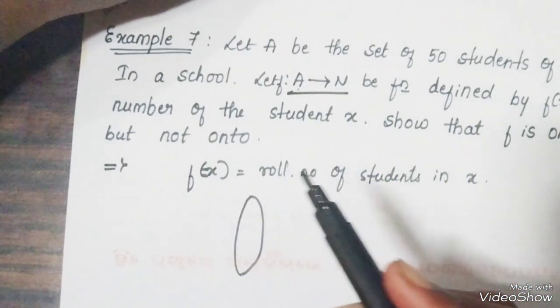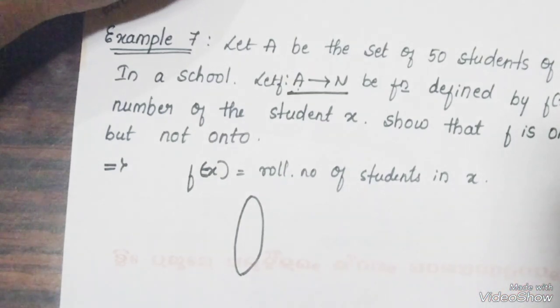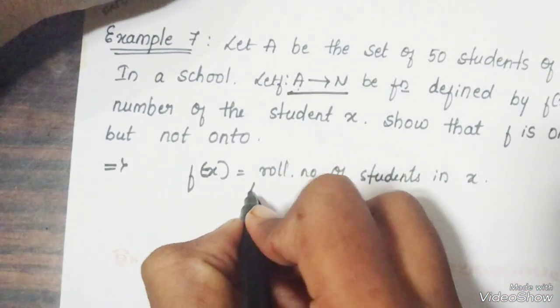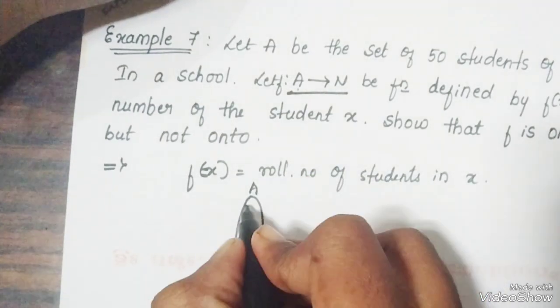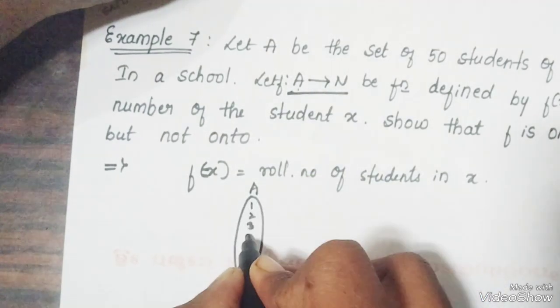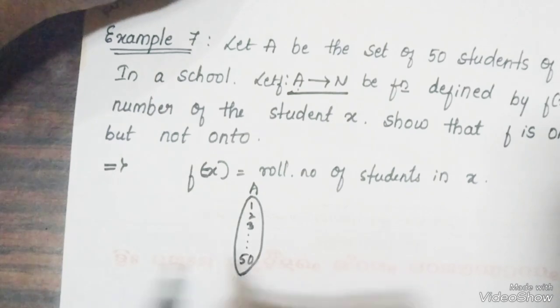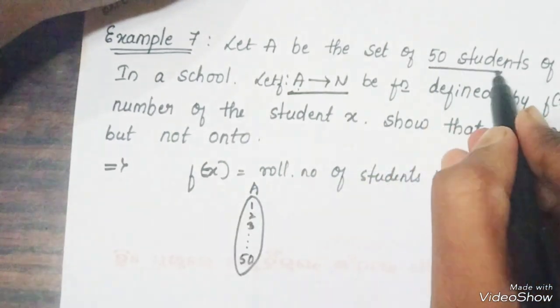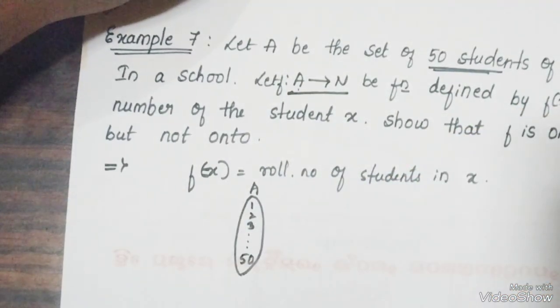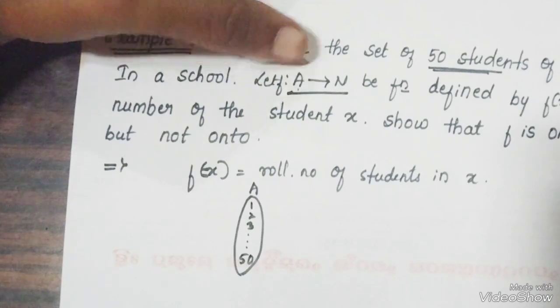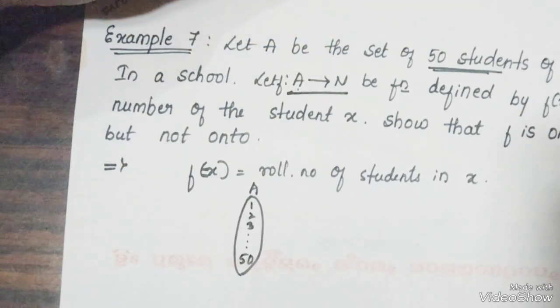For example, we consider 50 students in our class. We write roll numbers from 1 to 50, 1, 2, 3 and so on up to 50. Sorry, they have given 50 students. The set A contains 50 students.